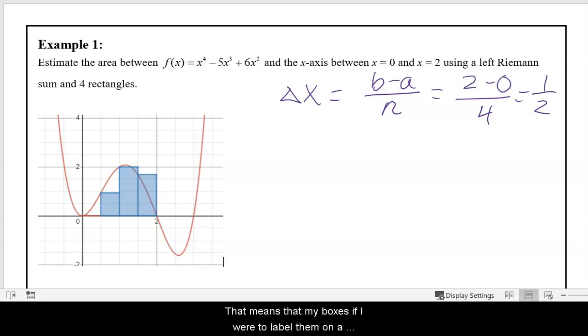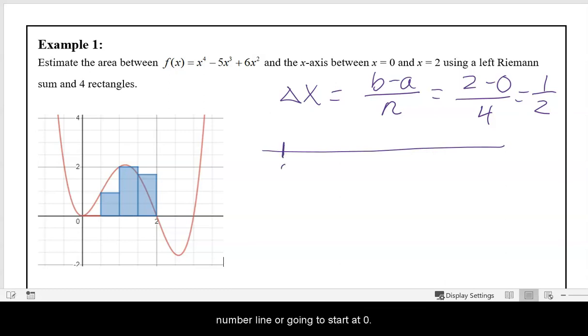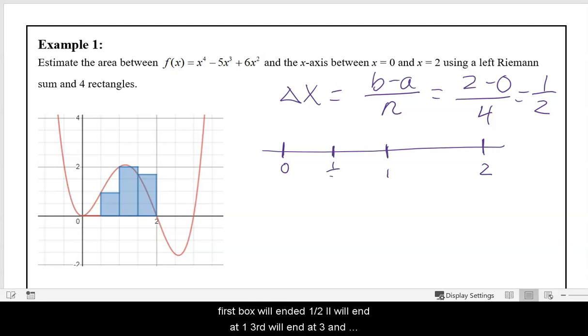That means that my boxes, if I were to label them on a number line, are going to start at 0 and stop at 2. Halfway in between we have 1, but the first box will end at 1/2, the second will end at 1, the third will end at 3/2, and the fourth will end at 2.